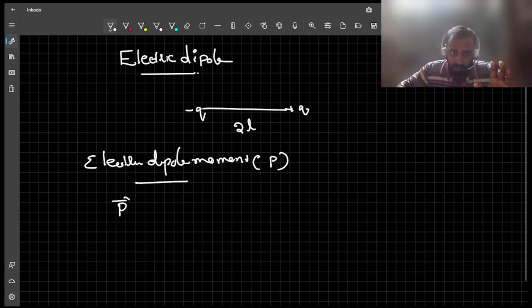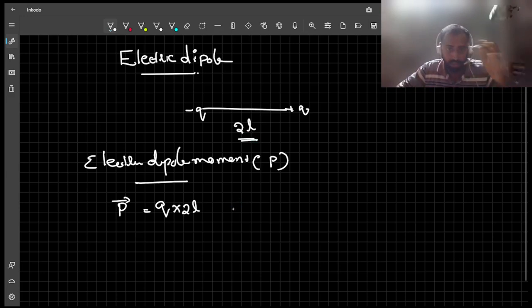Dipole moment is a vector quantity. Its magnitude is any one of the charges times the distance between the charges. Here the distance between the charges is 2L, so q into 2L is P. It is a vector quantity.